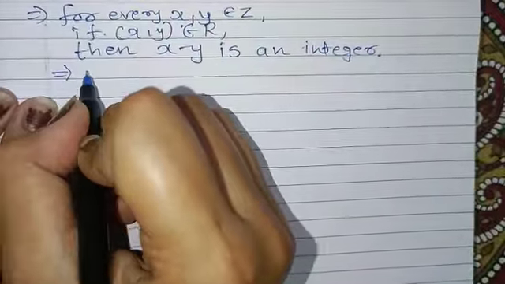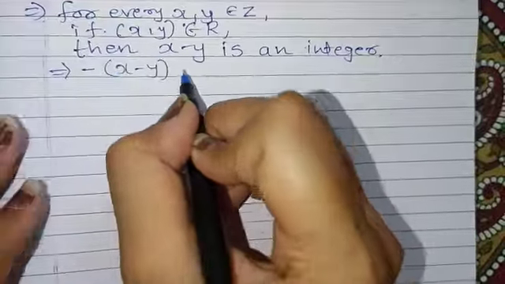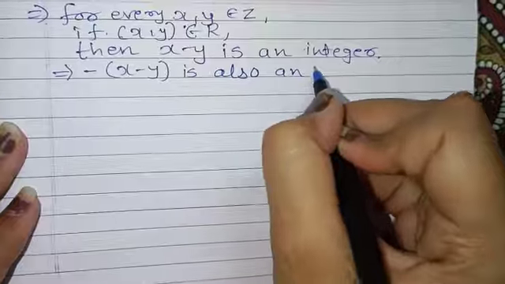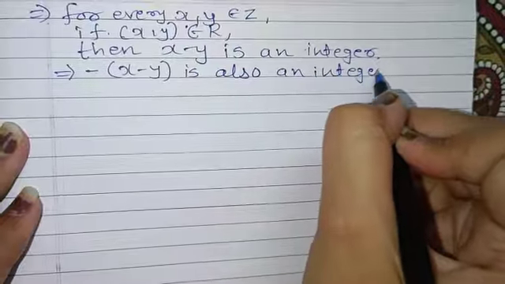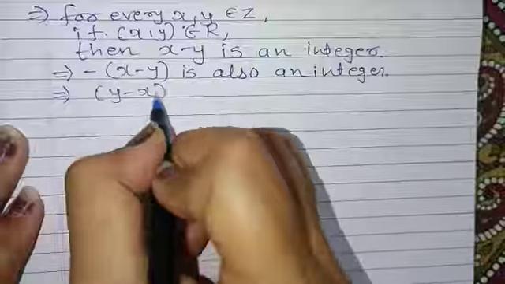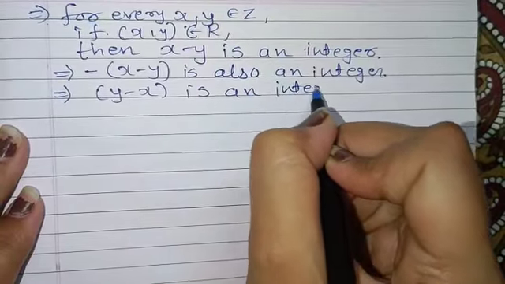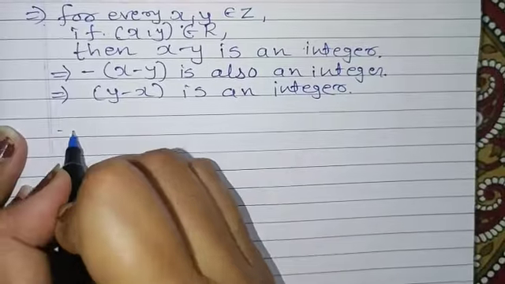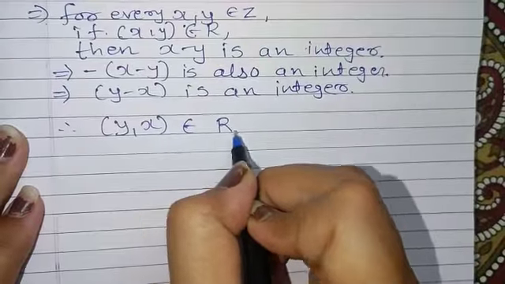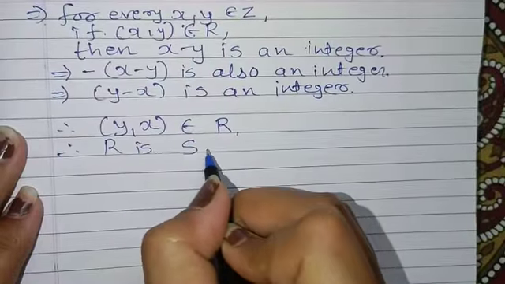Therefore, it implies that minus (x minus y) is also an integer. It implies that y minus x is an integer. Therefore, (y, x) belongs to R. That's why R is symmetric.